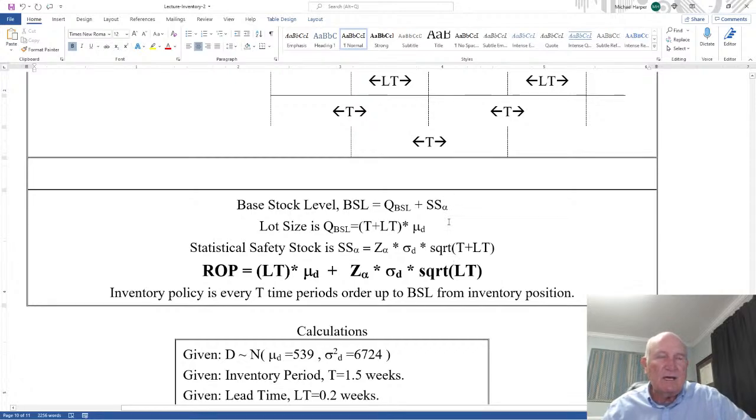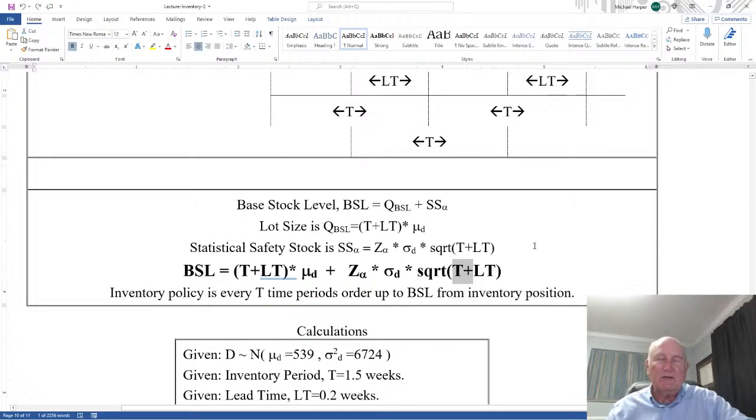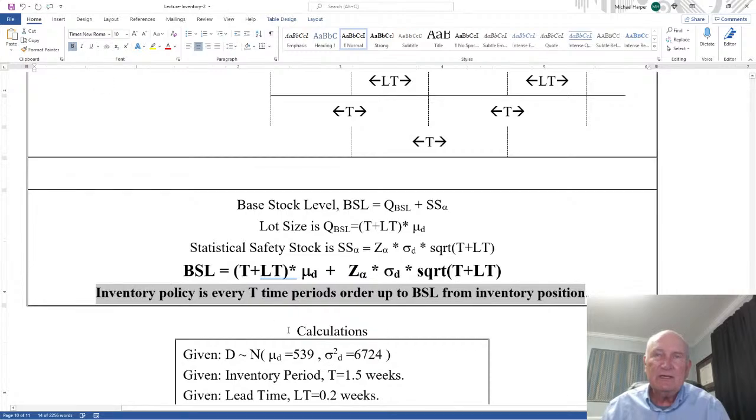But with a base stock level, you add the inventory period in to get your base stock level. So the inventory policy is every T time periods, order up to the base stock level from your inventory position, and that right there is your inventory policy.